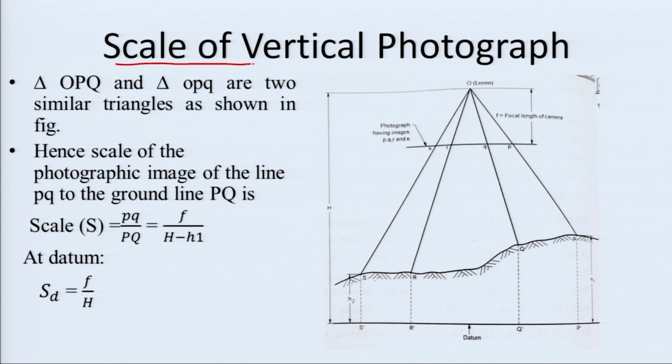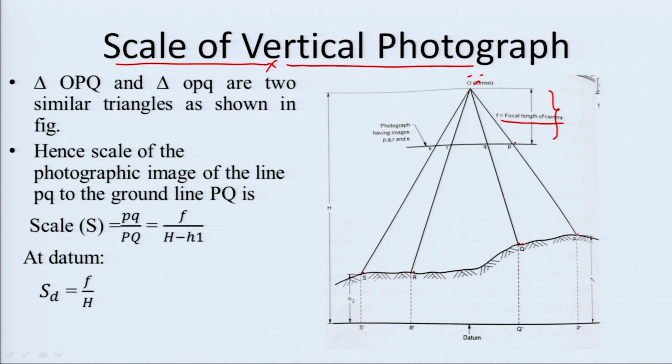Now, to find the scale of a vertical photograph, let us see this figure. In this figure, this is a lens, the optical axis of the lens, and this is a point on the image. The distance between the optical lens and the point on the image is denoted by f, the focal length of the camera, and these are the different points situated on the ground.